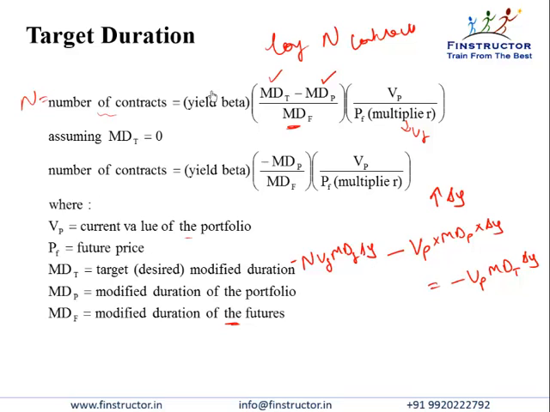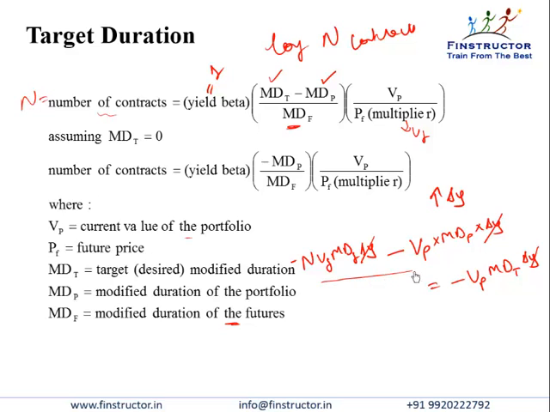For the moment, I am assuming yield beta is equal to 1. That is, the change in the futures yield is the same as the change in the bonds yield or the spot yield. So once again, delta y will get cancelled.